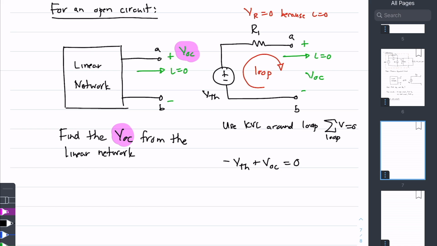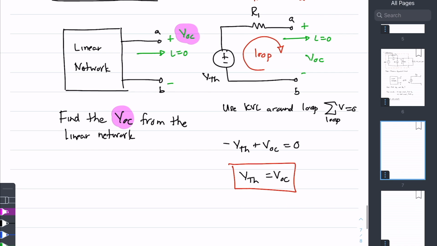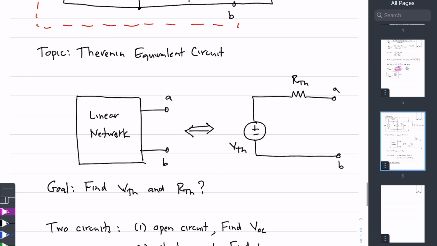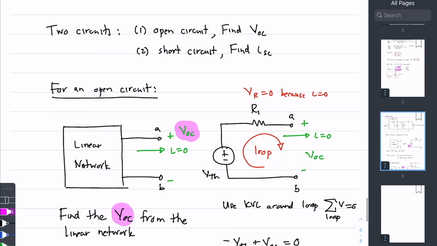That's equal to 0. Notice that I can solve for the Thevenin voltage, and that is equal to the open circuit voltage. This is the first result that we wanted. So if in the given linear network I can find the open circuit voltage, that will be equal to the Thevenin voltage that I need to create the Thevenin equivalent.